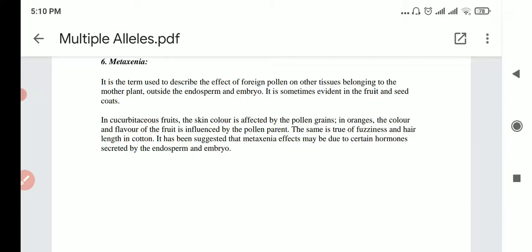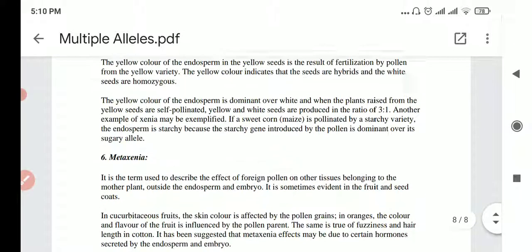It is almost like self-sterility, okay. Let's say this is a corn, but a pollen of an orange fell on it, okay. It still can show some effect, okay. Instead of a yellow corn, you will get a purple, sometimes yellow, sometimes blue, like a mixture of colors. So it is these foreign particles that showed some phenotype effect. So that is your metaxenia.